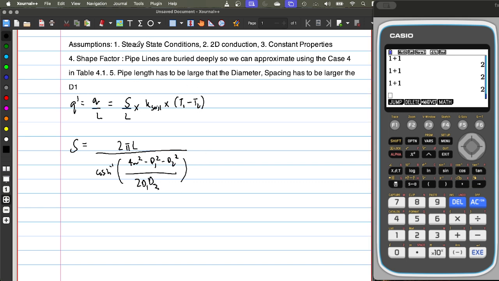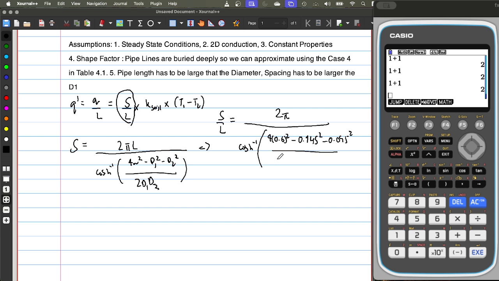Now you'll notice we're after S over L. So we can rearrange this to say S over L equals 2 pi over cosh inverse. Now I'm going to substitute the values in, so 4 times 0.6 squared minus 0.145 squared minus 0.095 squared all over 2 times 0.145 times 0.095.